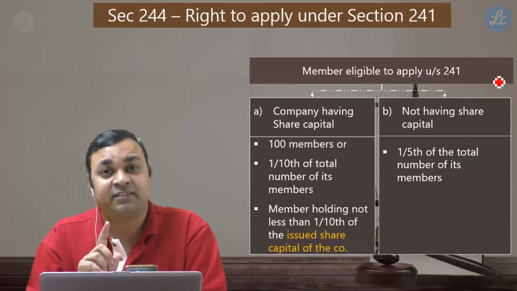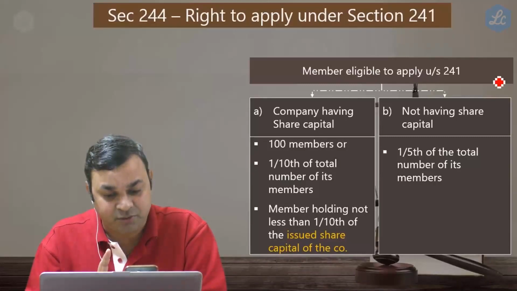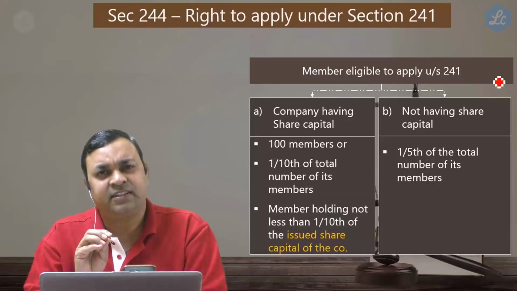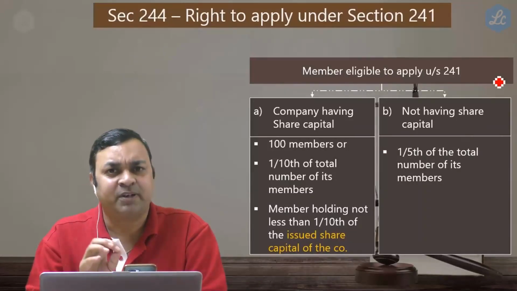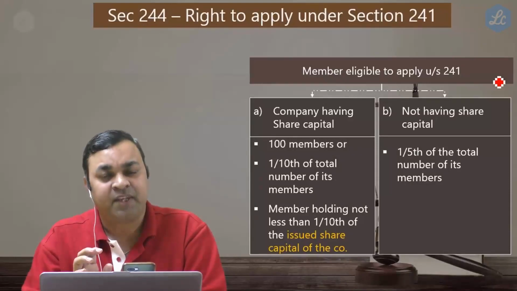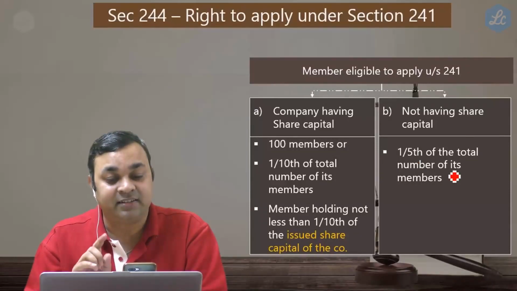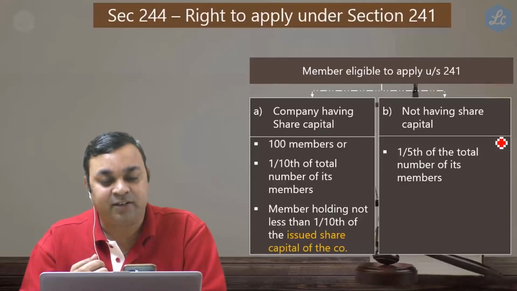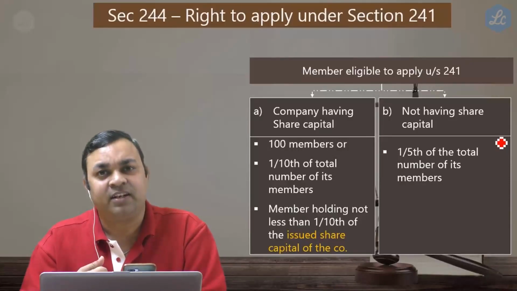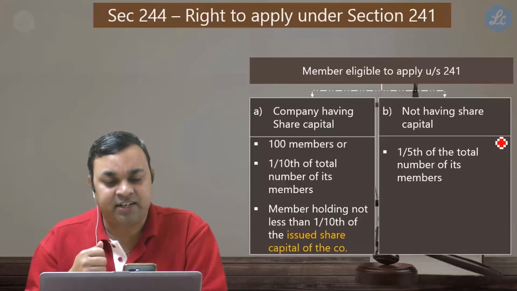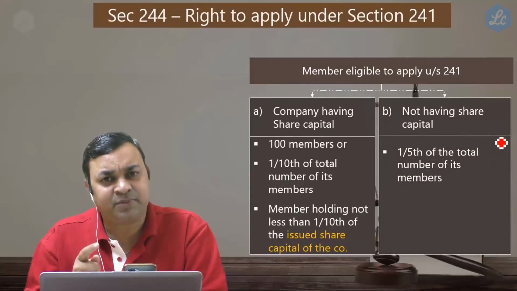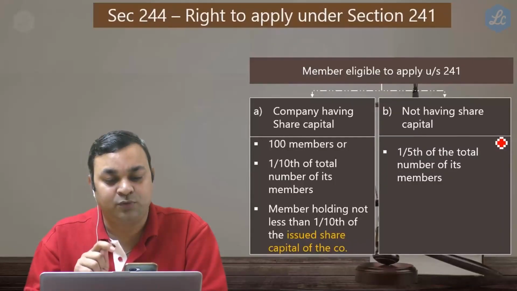A member is a person, either an equity shareholder or a preference shareholder. A person qualified to be a member as per Section 2, clause 55, is treated as a member and is eligible to make an application. Now, who are the members eligible to make an application under Section 241, and the eligible member condition is prescribed under Section 244.